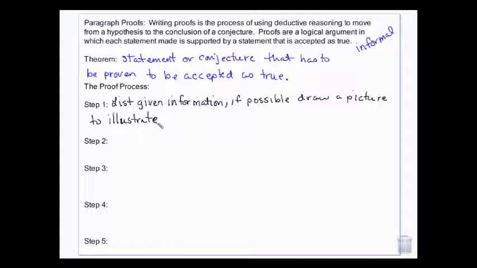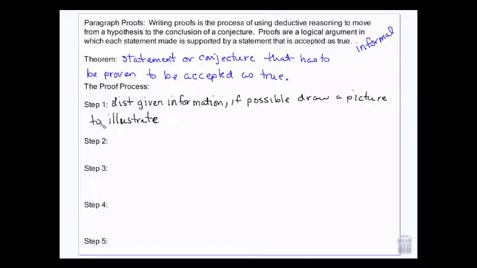If you have not been given a picture specifically, you should draw one based off of the given information, because drawing the picture will make things much, much easier, because you can draw it, label it, look at it, see, physically see what's happening.